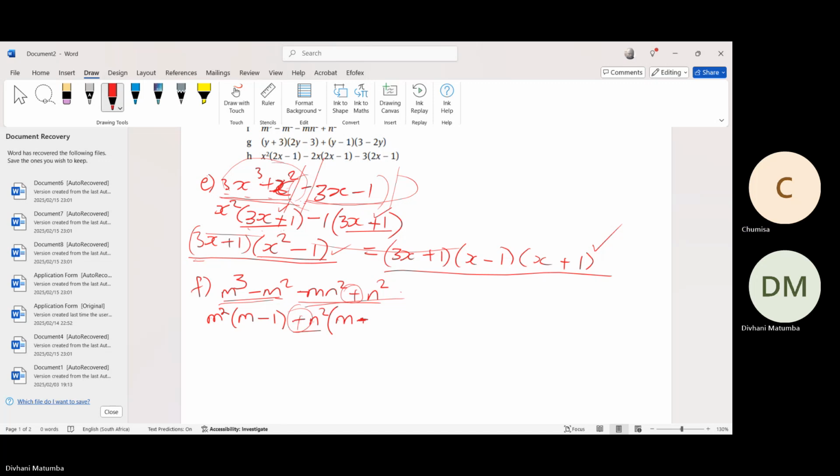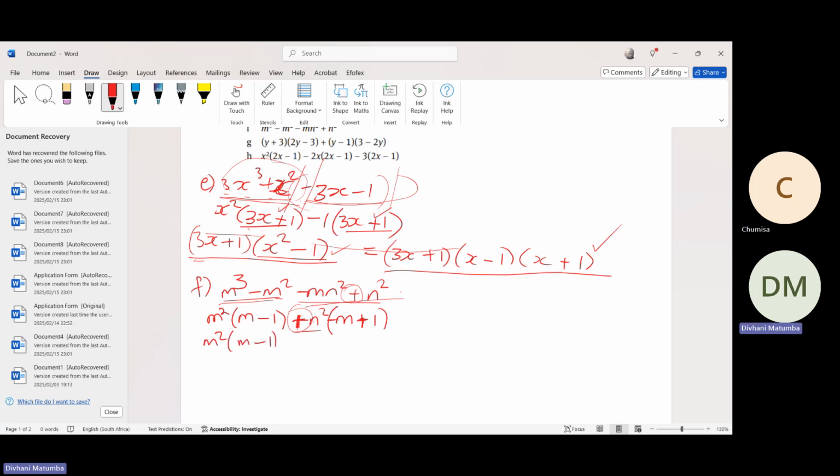Yes, sir. Okay, let me do it your way. So do you agree that if I take out n squared, I will be left with a minus m here? You agree? Yes, sir. Then plus 1, like you said. I see what you were trying to say. We have m squared, m minus 1.